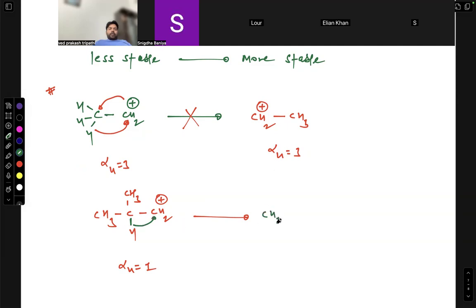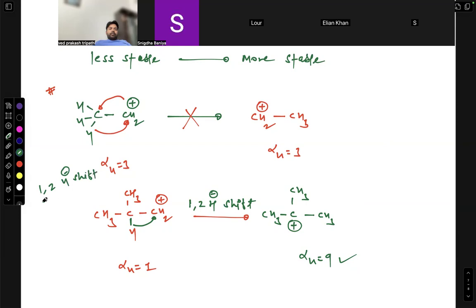So how many alpha H? 9. So stability increases. It means it would rearrange, and this kind of rearrangement is known as 1,2 hydride shift. Clear? This is called 1,2 hydride shift.